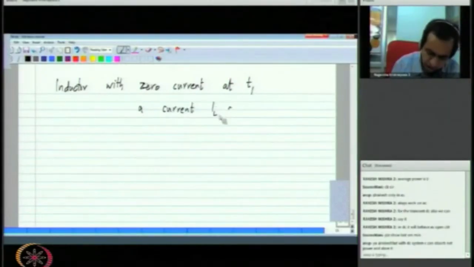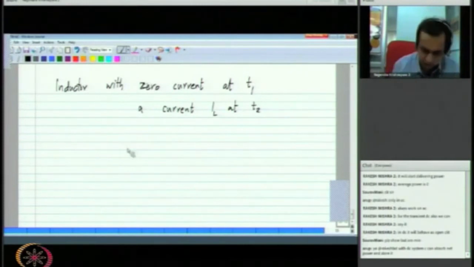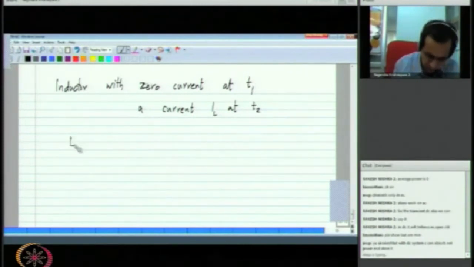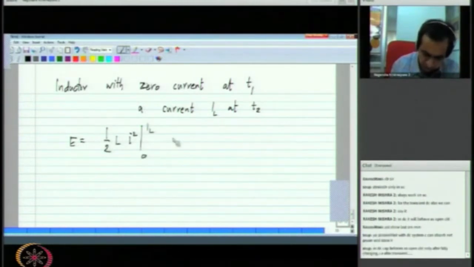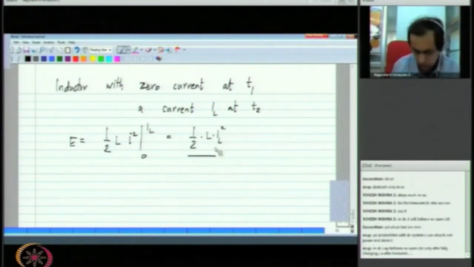At T2, the energy absorbed would be the integral of half L I square from 0 to IL, which basically gives you half L IL squared.